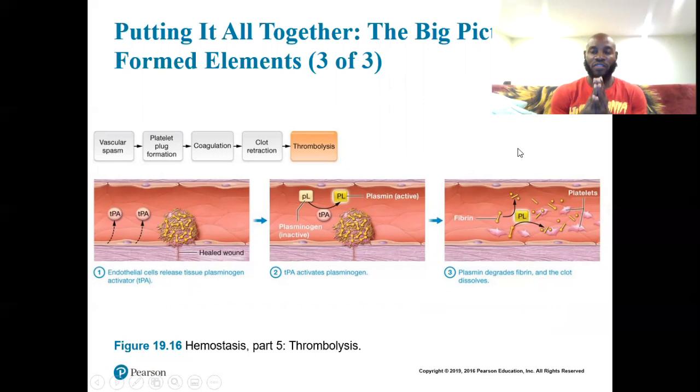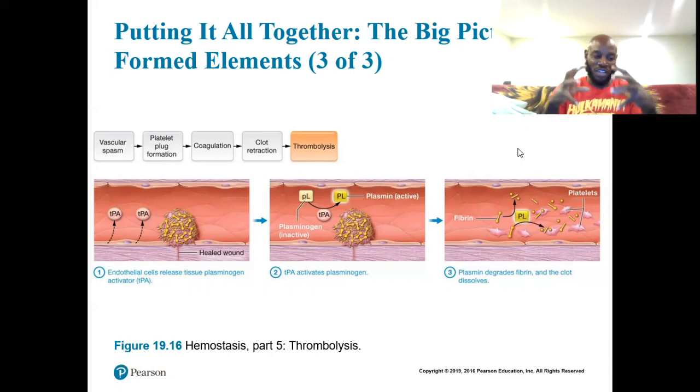So we form the clot. The blood vessel breaks. We can vasoconstrict to try to reduce the amount of blood flowing out of this broken blood vessel. We then have platelets rush to the site. Those platelets attract other platelets, stick to the site, form a loose plug. Then the fibrinogen gets activated, forms fibrin.